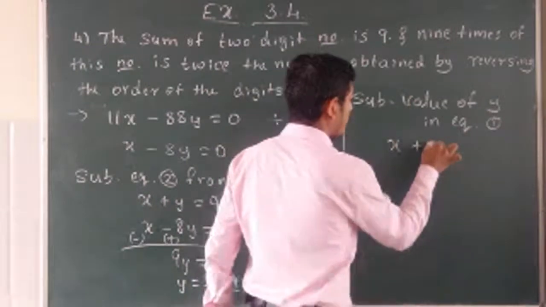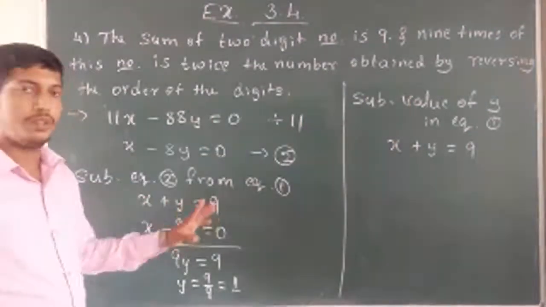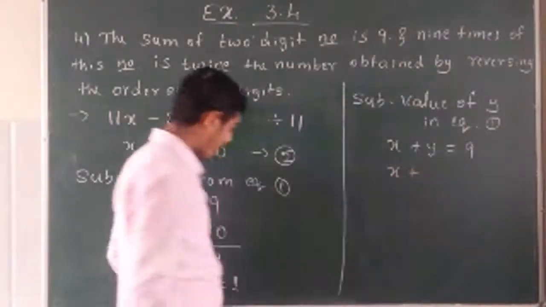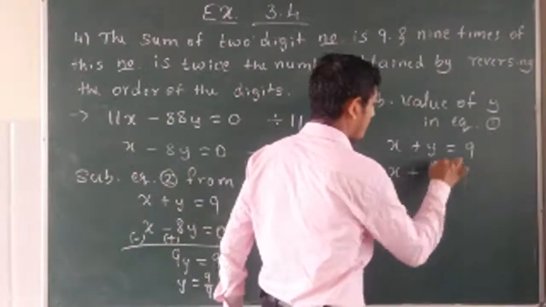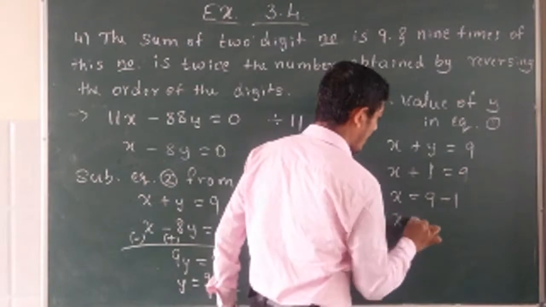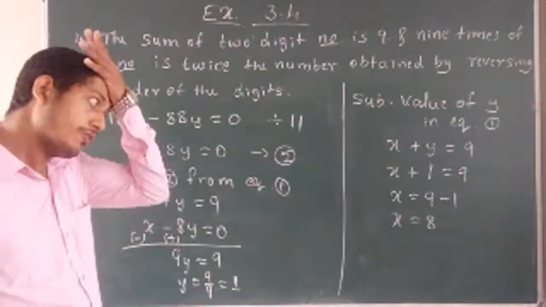So the equation is x plus y equals 9. I'll substitute the value of y, which is 1, here, equals 9. Thus x becomes 9 minus 1. Therefore x becomes 8. Therefore the x value becomes 8.